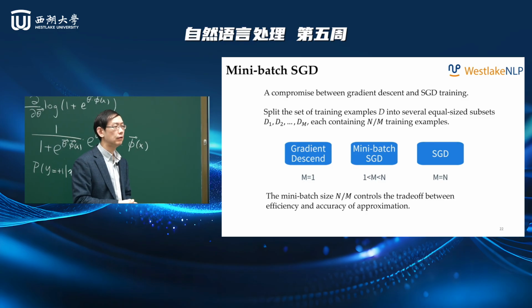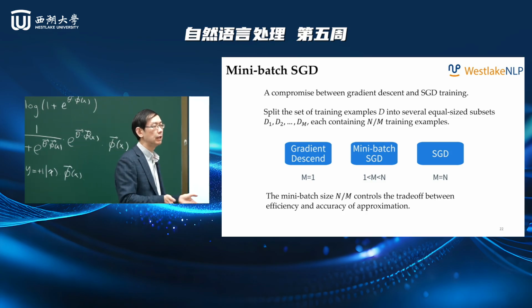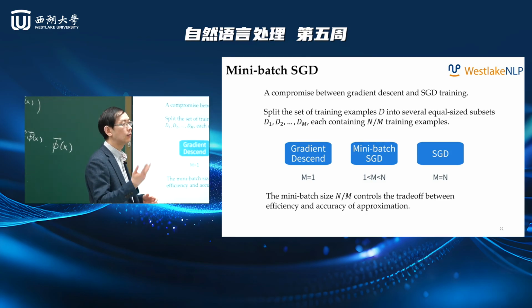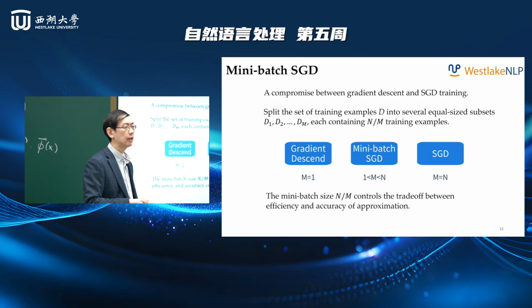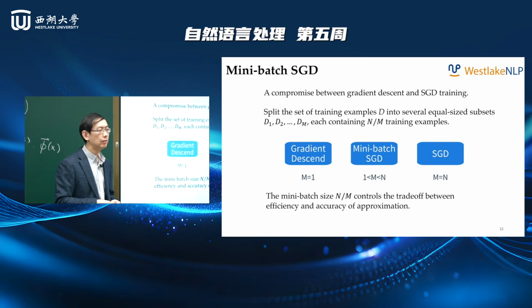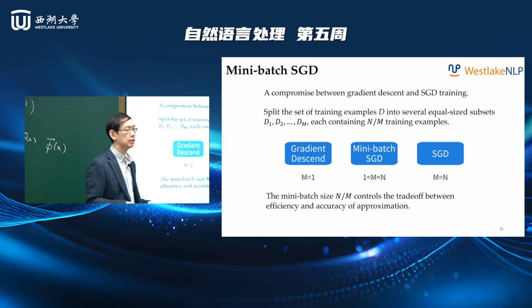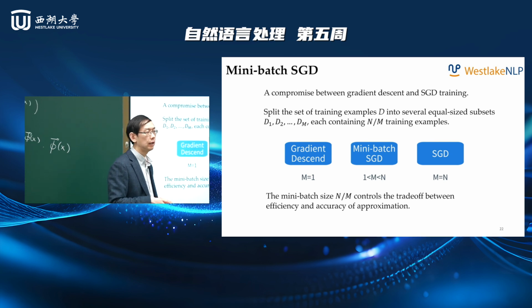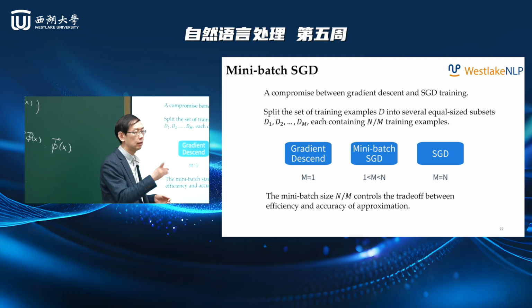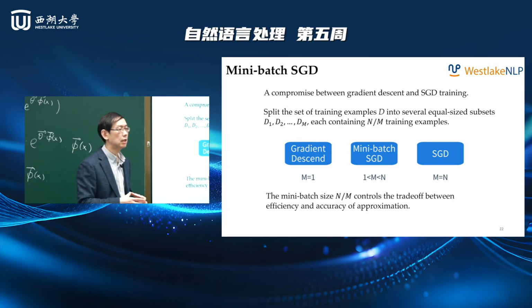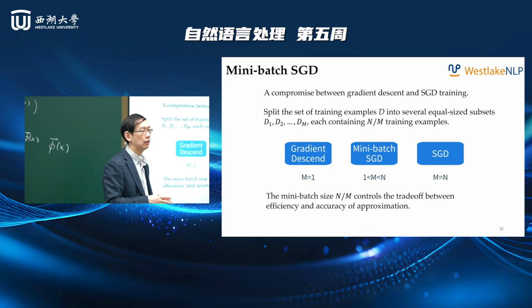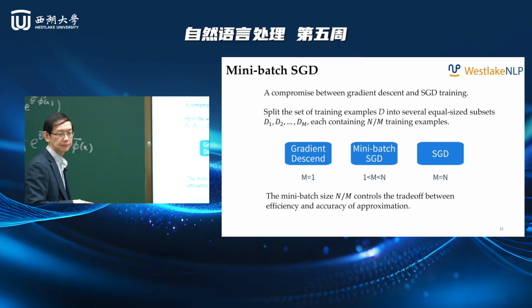So maybe we have a batch of 100 instances for one gradient. So the batch size will be 100. Maybe we have a batch of 1,000 instances for calculating the gradient and then updating the parameter once. So the batch size will be 1,000, all right?